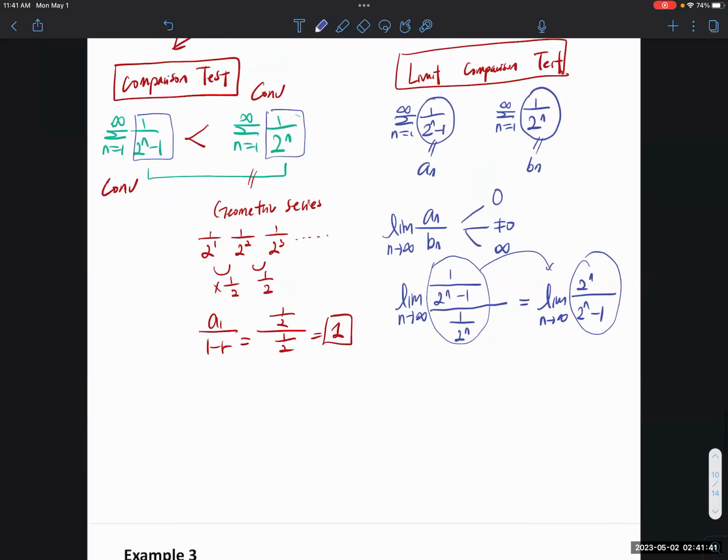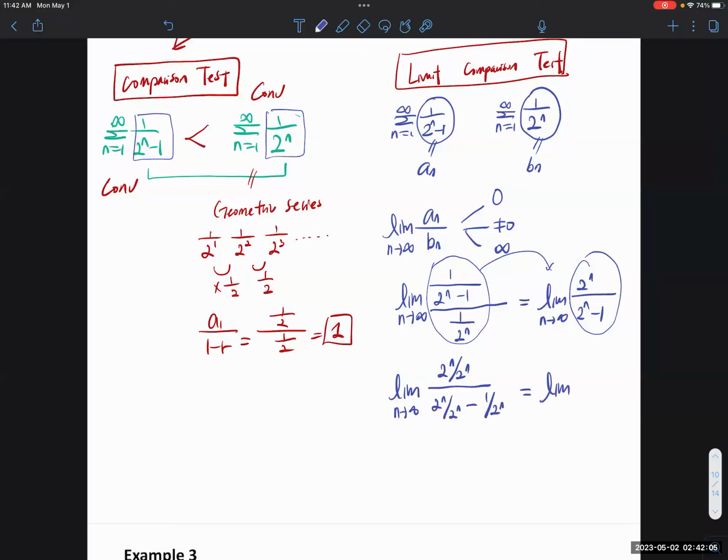And now I'm trying to evaluate the limit. In the numerator and denominator, you have both 2 to the n. So to find out the limit, I'm going to divide by 2 to the n everywhere because this is the highest degree. So 2 to the n divided by 2 to the n, 2 to the n divided by 2 to the n, 1 divided by 2 to the n.